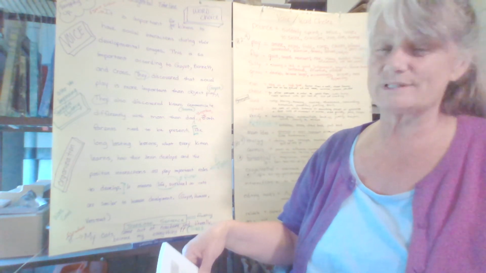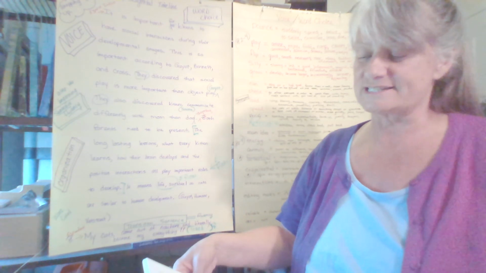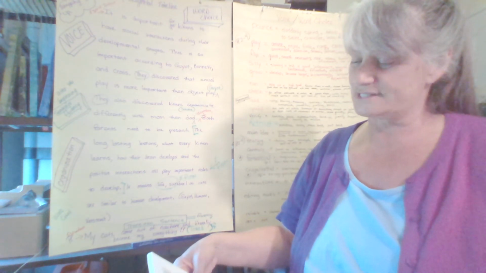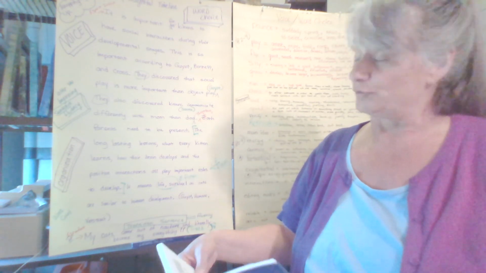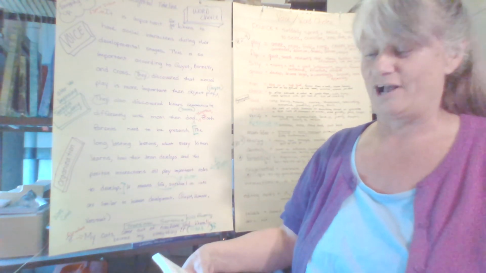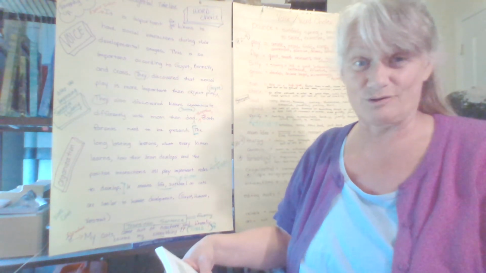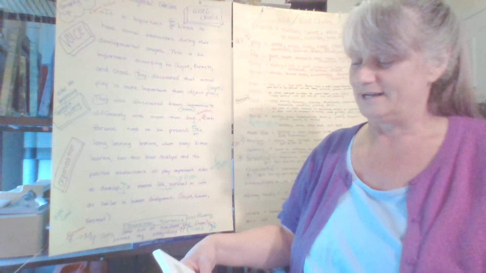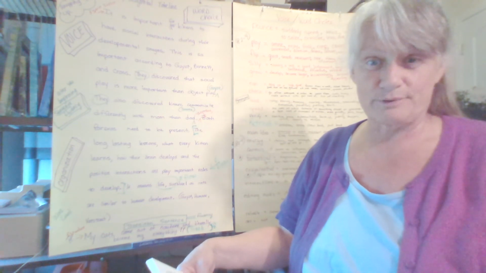Using sequence and transition words: the writer includes a variety of carefully selected sequence words. Later, then, meanwhile, therefore, oh, however, oh, you think I used that before as well. Through the piece, also, clearly, according, relate, diverge, progress.